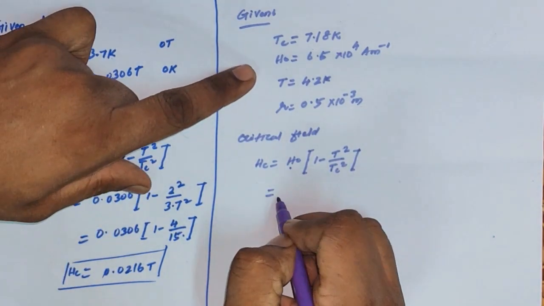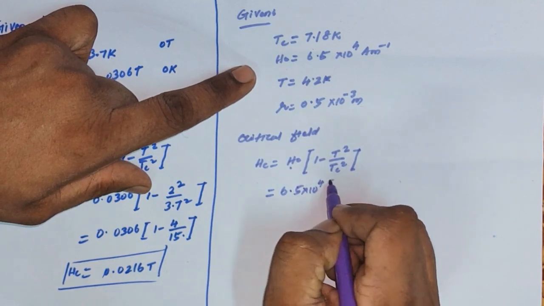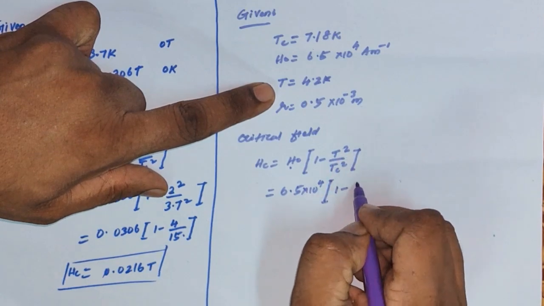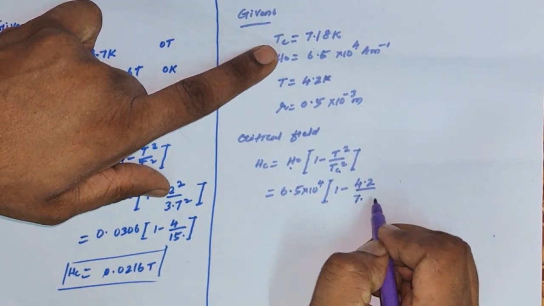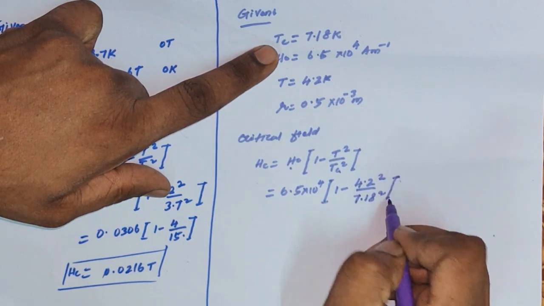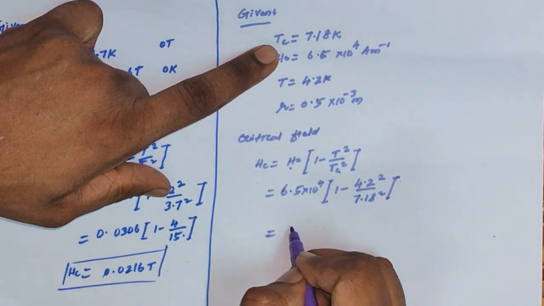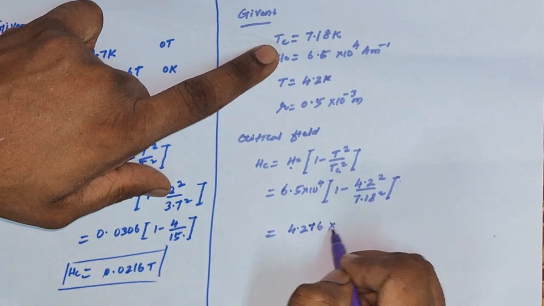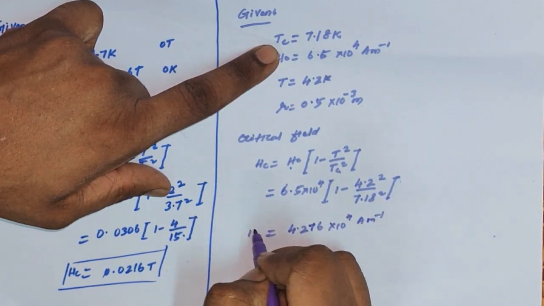H naught is given as 6.5 × 10^4, times 1 minus (T/Tc) squared, where the temperature is 4.2 Kelvin and the critical temperature of the lead wire is 7.18. Solving this gives 4.276 × 10^4 ampere meter^-1. This is the critical field.